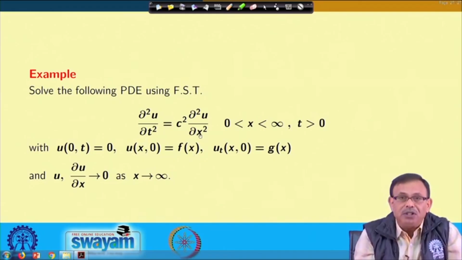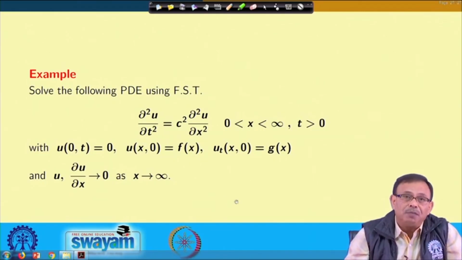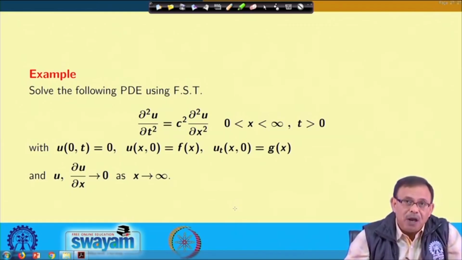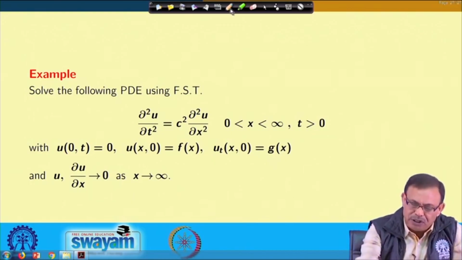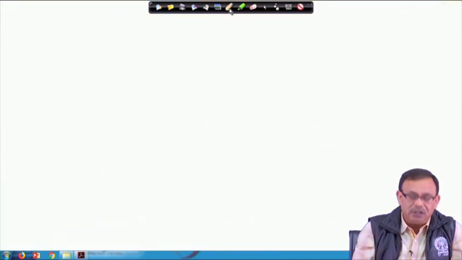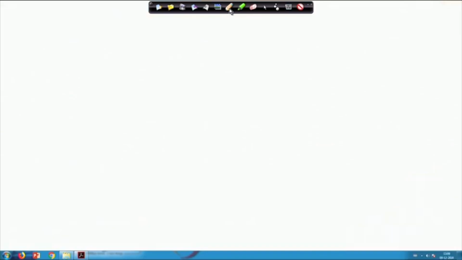The equation is the same, only the earlier problem we solved using the Fourier transform, and this one we are trying to solve using the Fourier sine transform, and the extra condition we have taken is u t x 0 equals g x.